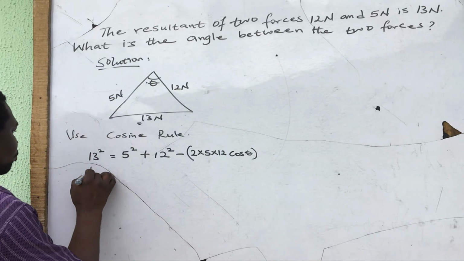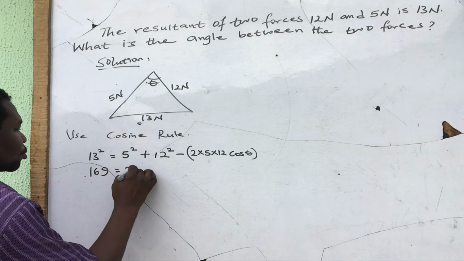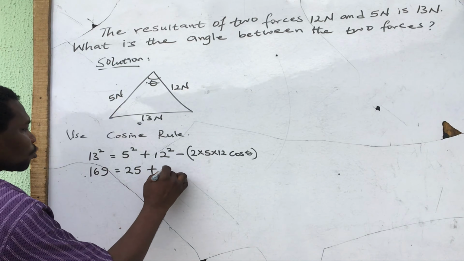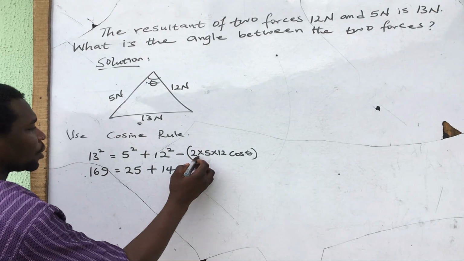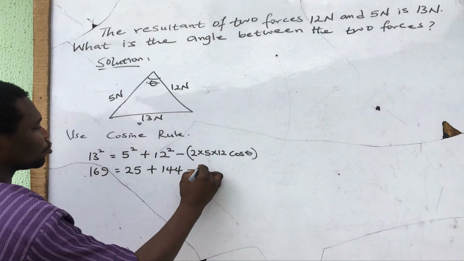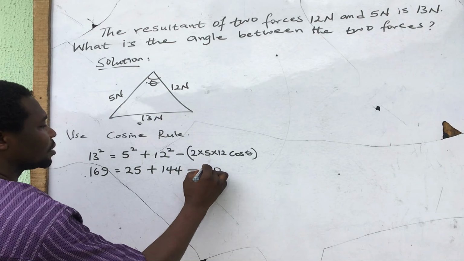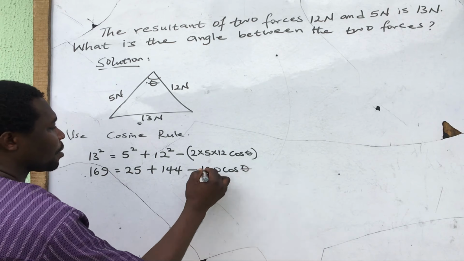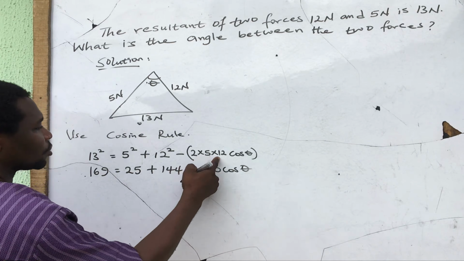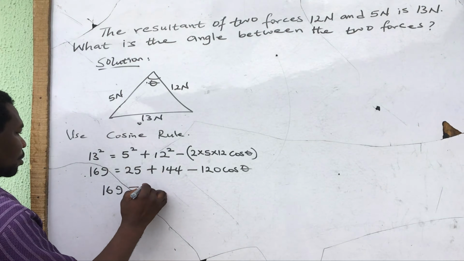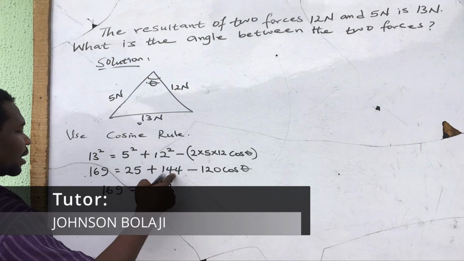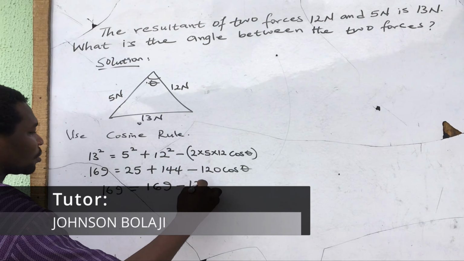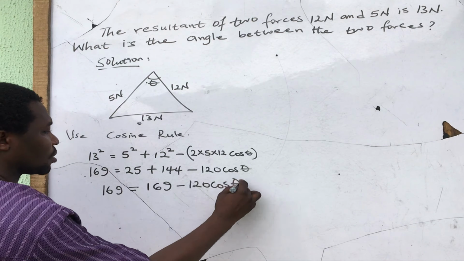So this is 169 equals 25 plus 144 minus 2 times 5, 10, 10 times 12, that is 120 cos theta. So this is 169 equal to 169 minus 120 cos theta.